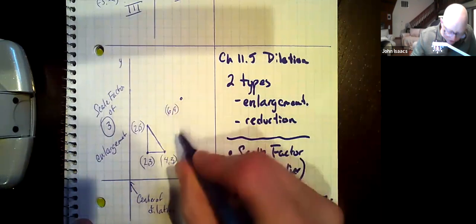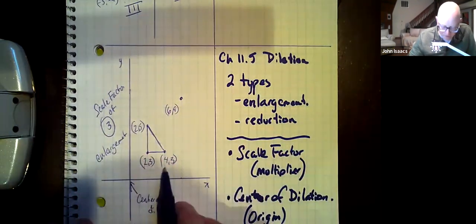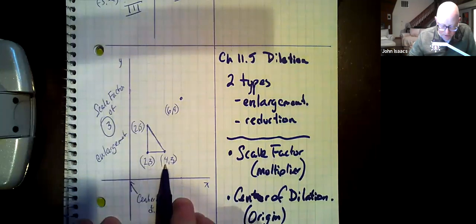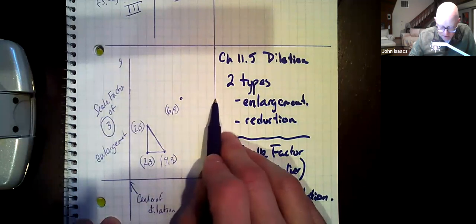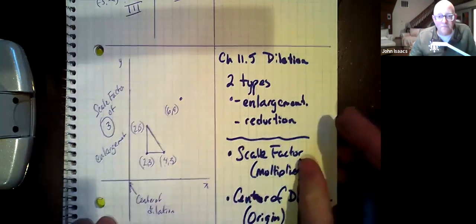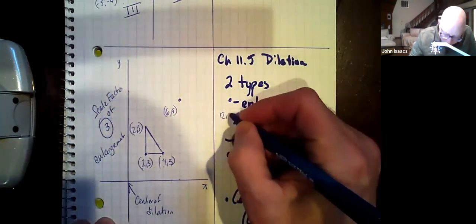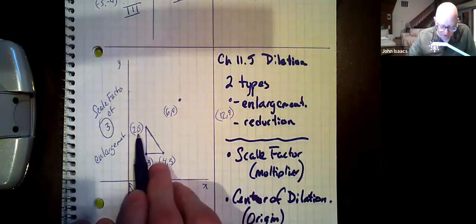So this is the corresponding point to the right angle with the factor of 3. This is going to be 12, 9. If this is 6, 9, this is 7, 9, 8, 9, 9, 9, 10, 9, 11, 9, 12, 9 is going to be over here. Okay, this is 12, 9. And then this point, 2, 5, is going to become 6, 15.